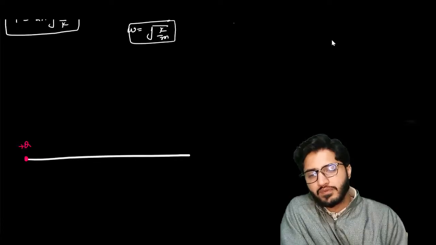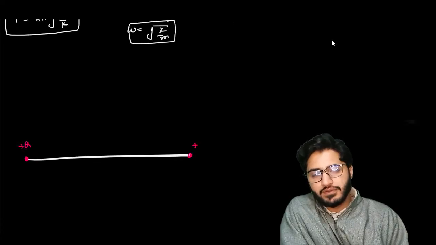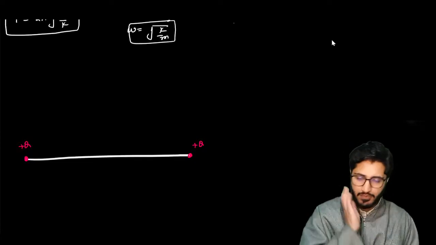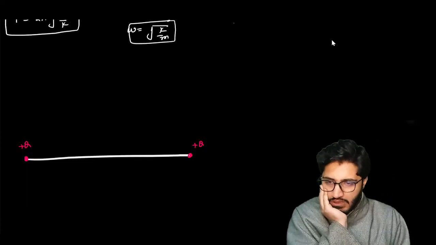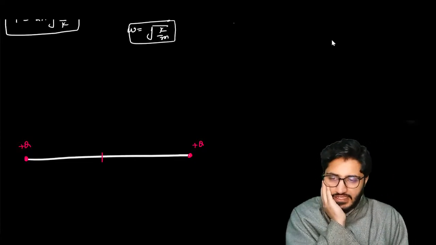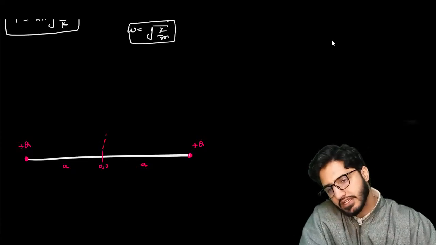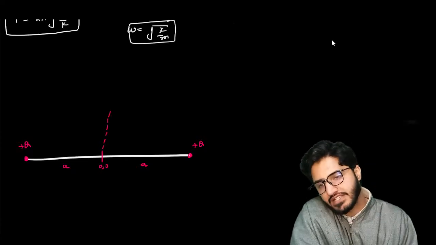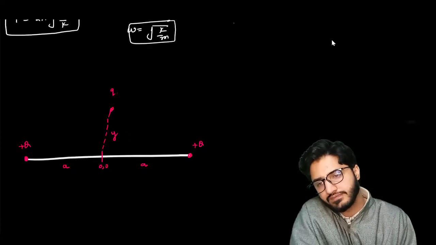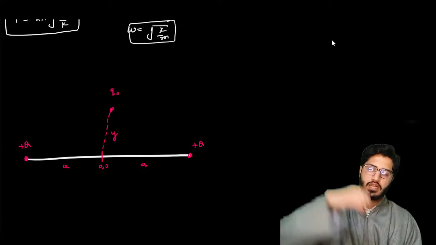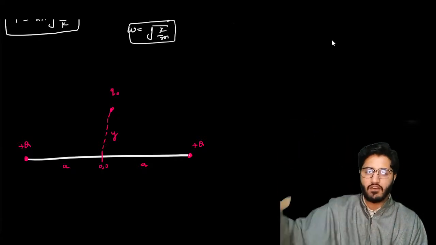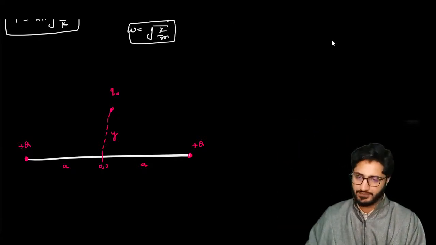One point here plus Q, one point here plus Q. So if the distance is between the origin, it is origin, no? This one is A, this one is A. Some distance Y upwards, we have a particle, let's suppose Q naught. Then we take off the forces.